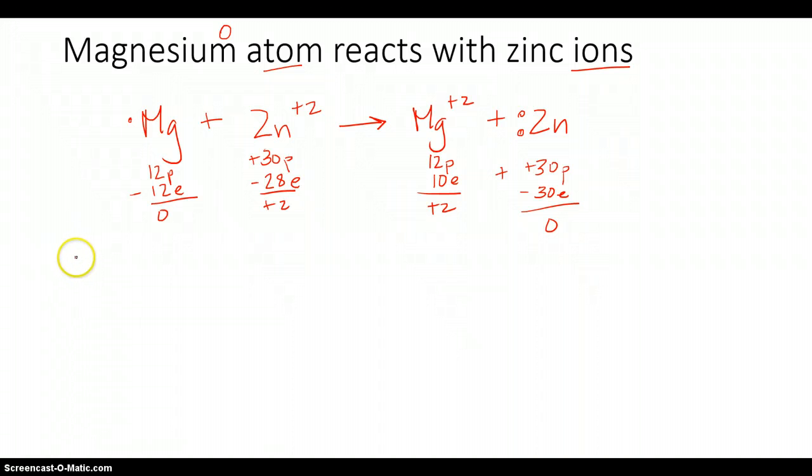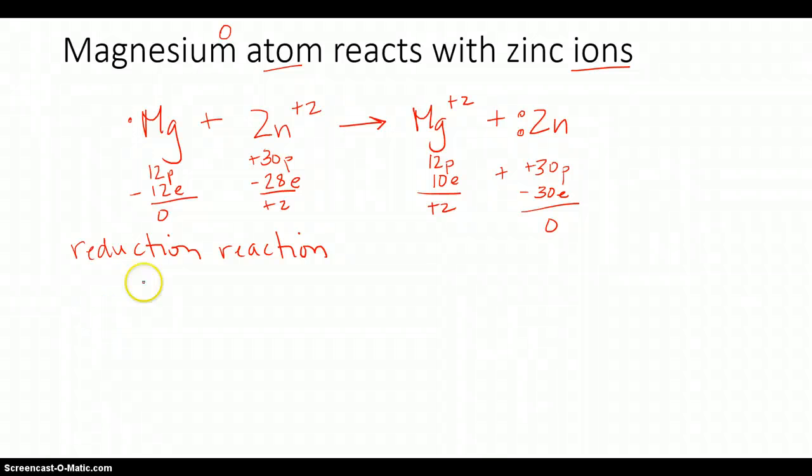All right, so I like to do the reduction one first. I feel like it's a little bit easier. So reduction, remember our term OIL RIG, is where the element is gaining electrons. So let's take a look here. Magnesium had 12, and then it has 10.